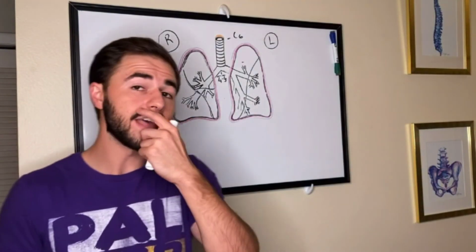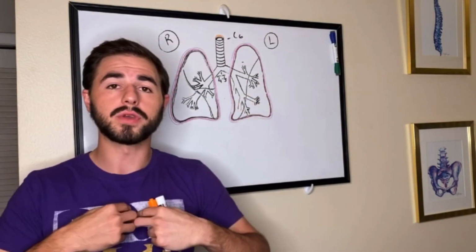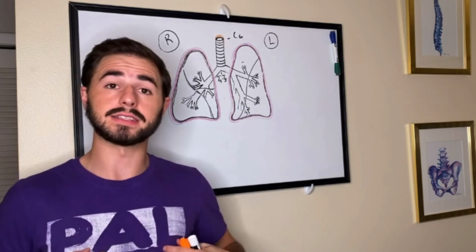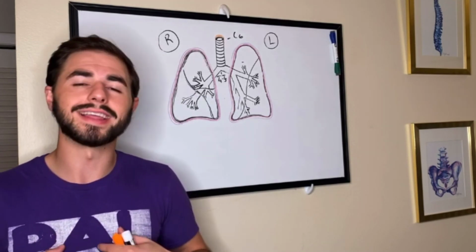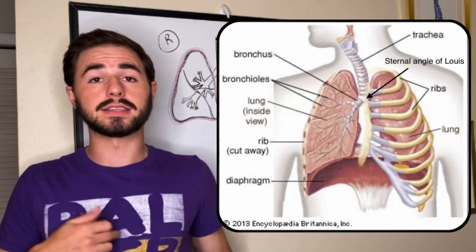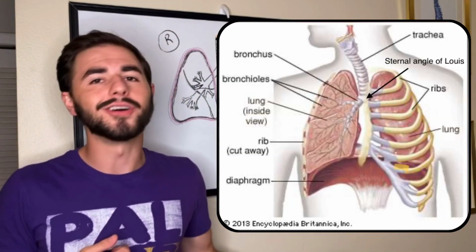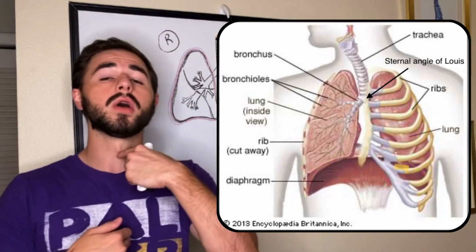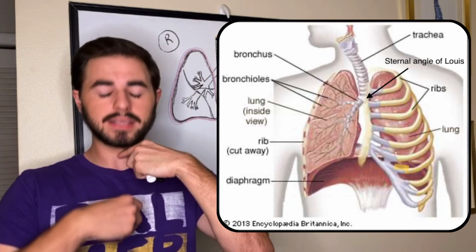Anyway, there's that, and then at T5 is around where the trachea bifurcates into the right and left main bronchus. That is otherwise known as the sternal angle or the angle of Louis. So that's just some landmarks to help you know where your trachea is and where it bifurcates.